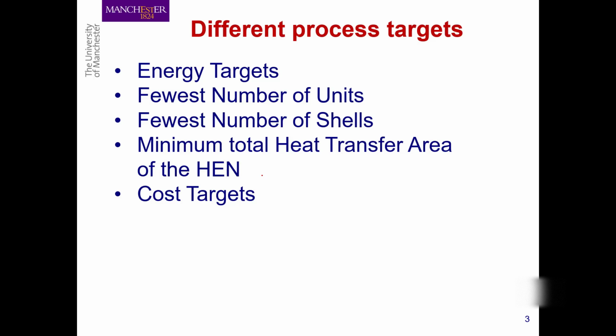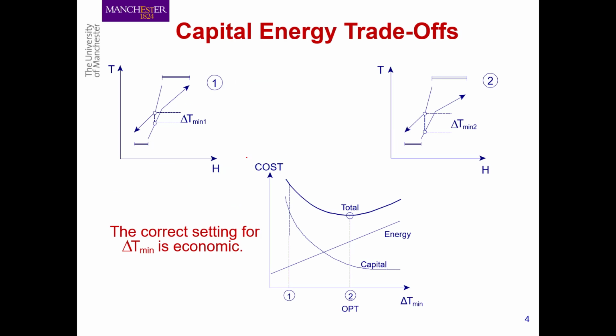So if we look at, for example, the temperature enthalpy diagram for our process, we have hot streams and cold streams, and the value of delta T min dictates how much energy we can recover from this system, and also how much external cold and hot utilities we require to satisfy the energy demands of the process.